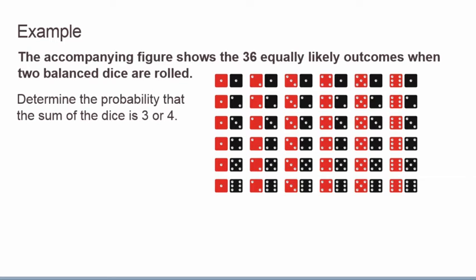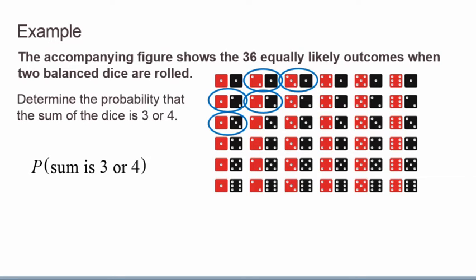In this example, we have the same set of two balanced dice. Determine the probability that the sum of the dice is 3 or 4. First, we write down the probability of the event. P parentheses, sum is 3 or 4. Then we find all of the pairs that give us an answer of 3 or 4 when we add.